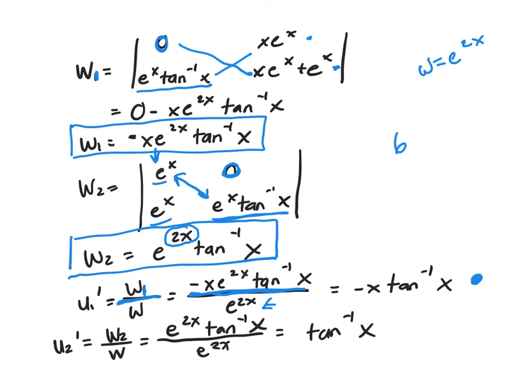So that's u sub 1 prime. U sub 2 prime is W sub 2 over W. I took my W sub 2 and I wrote it over W, and I simplified. And that is the end of step 7.